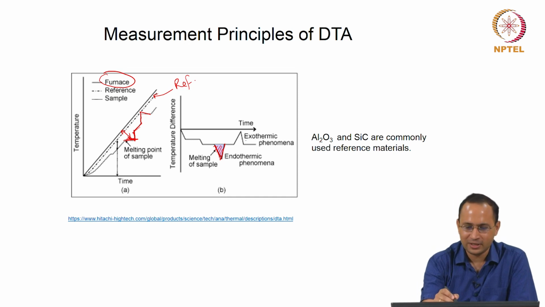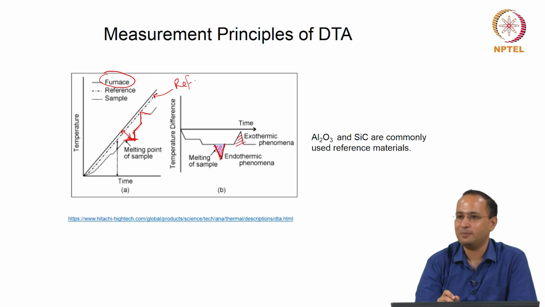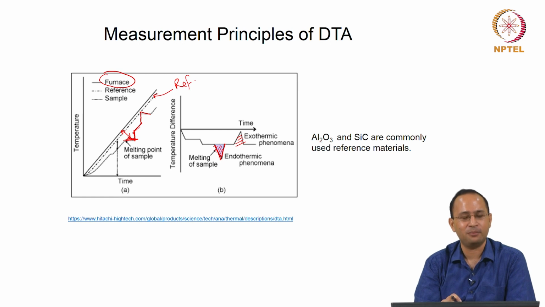So, in this case you see this exothermic peak. An exothermic reaction will lead to an increase in temperature of the sample, so your difference with reference will reduce. So, these are some signatures in a DTA curve. You will see endothermic peaks, you will see exothermic peaks, and that will tell you what kind of reaction may take place.